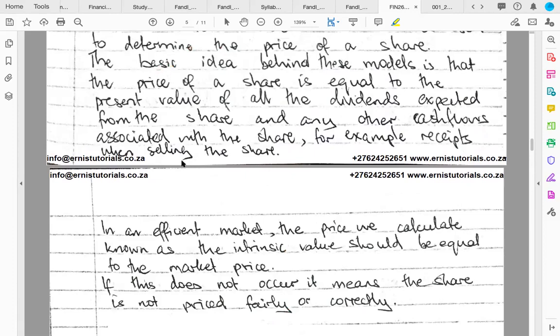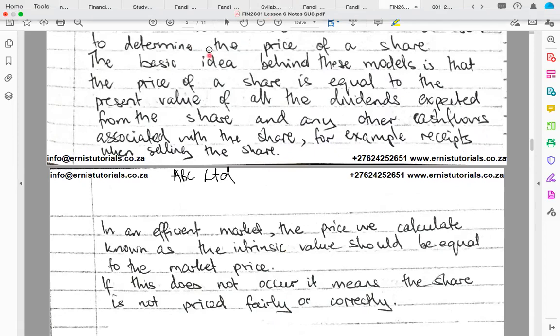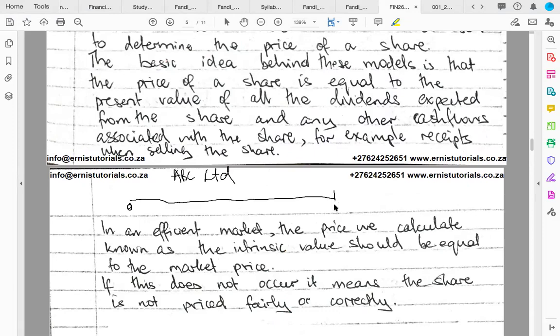Let's say I own an ordinary share in ABC Limited. And let's say I am here today at time 0. And let's say I expect to hold the share for 3 years.